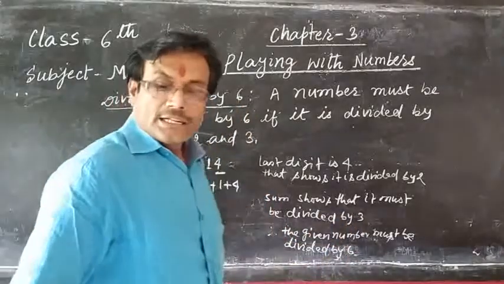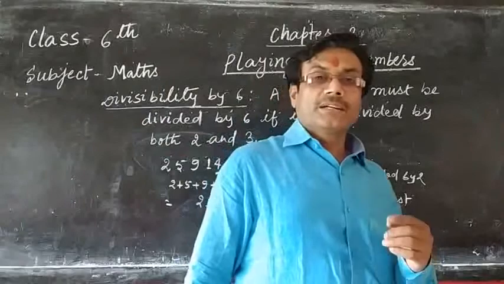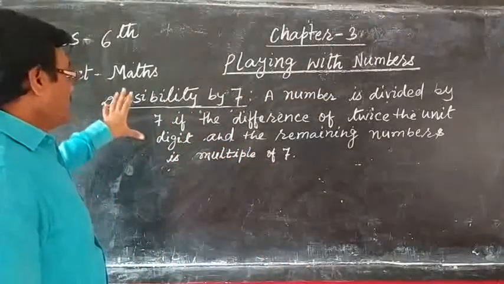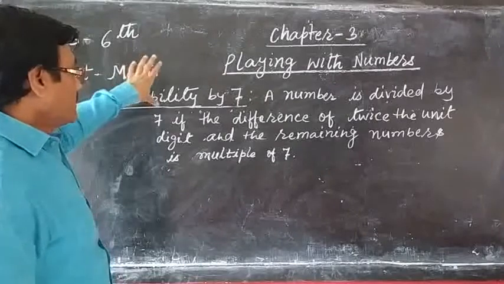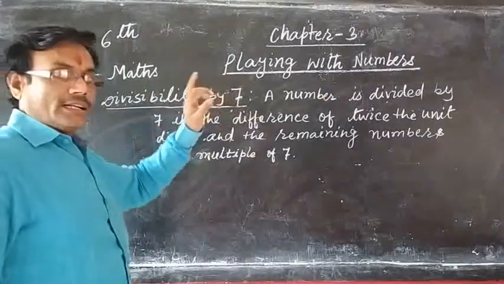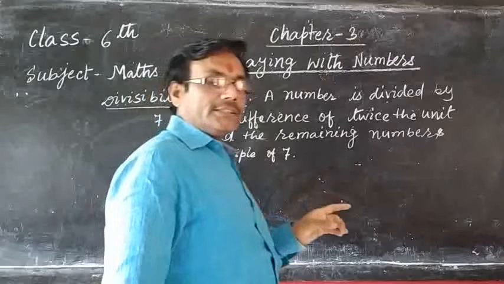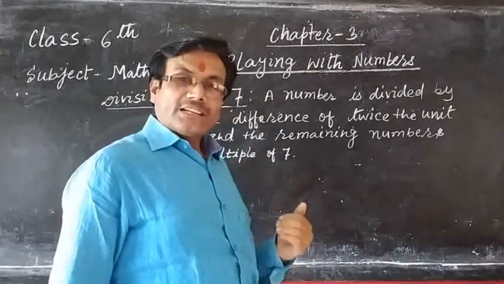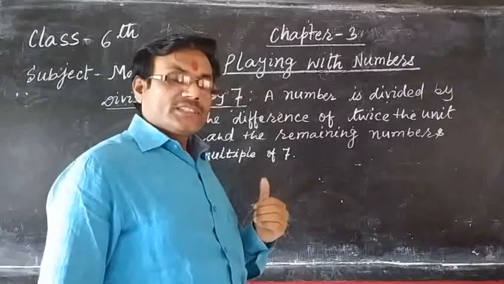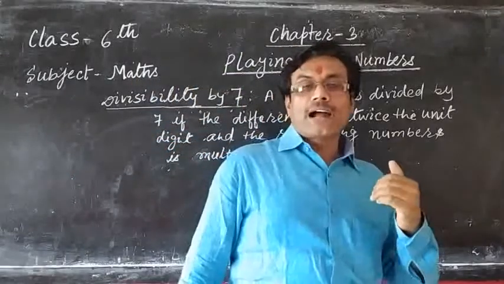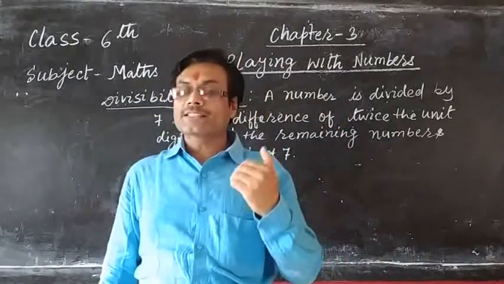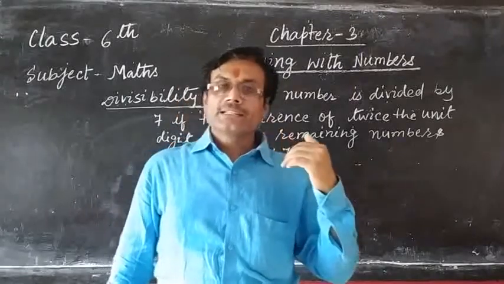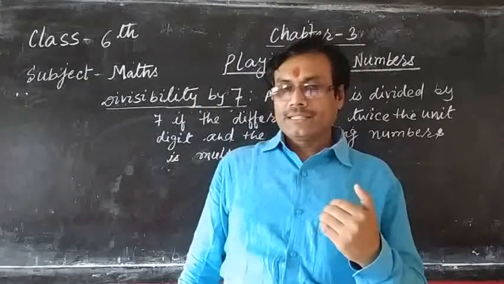Okay, children. Now we will learn about divisibility of 7. Students, now we should know the divisibility by 7. Now, take care here. To check divisibility by 7, first we have to find the difference of twice the last digit and the remaining digits.